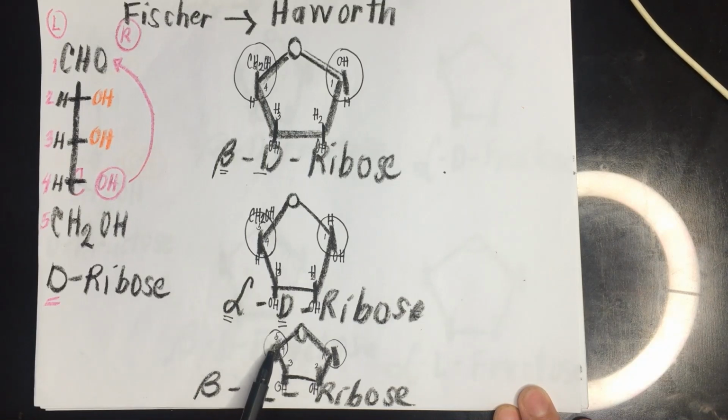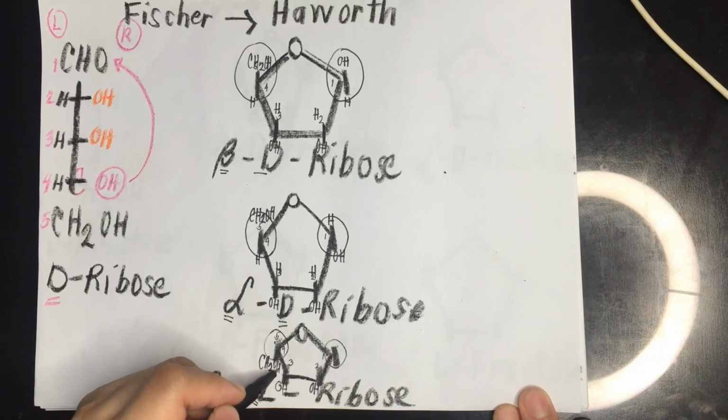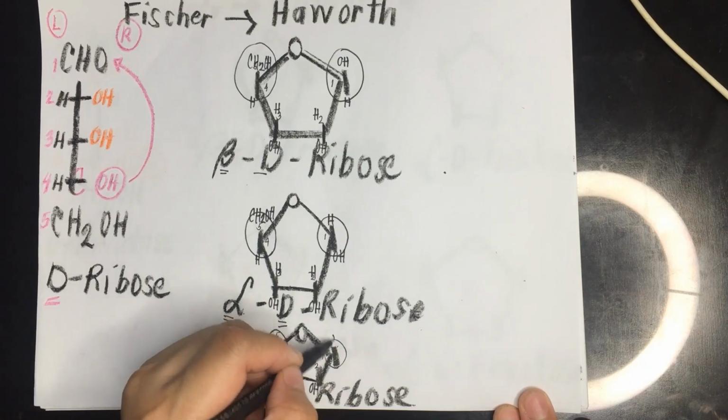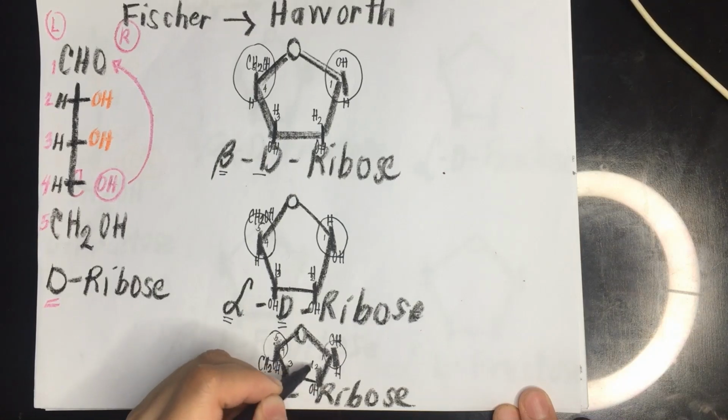Therefore, our CH2OH this time is being placed below. Next, beta configuration. It means our hydroxyl group is placed above, on top. Then we will continue with the hydrogen bonds.